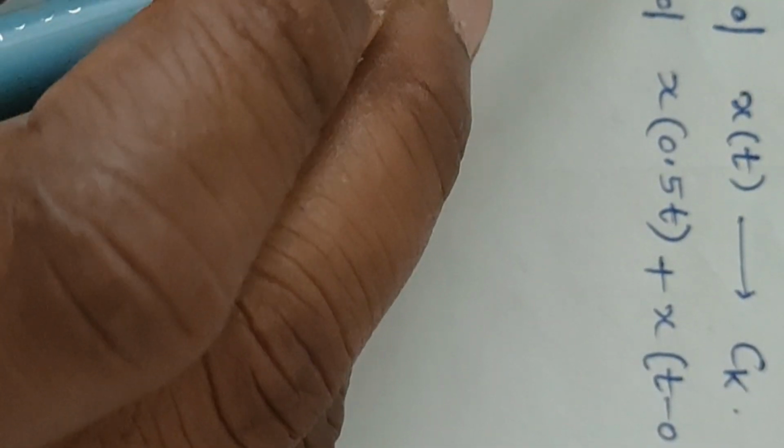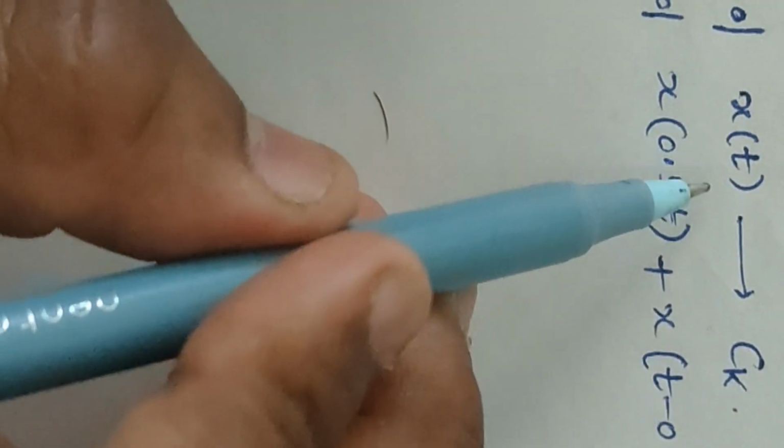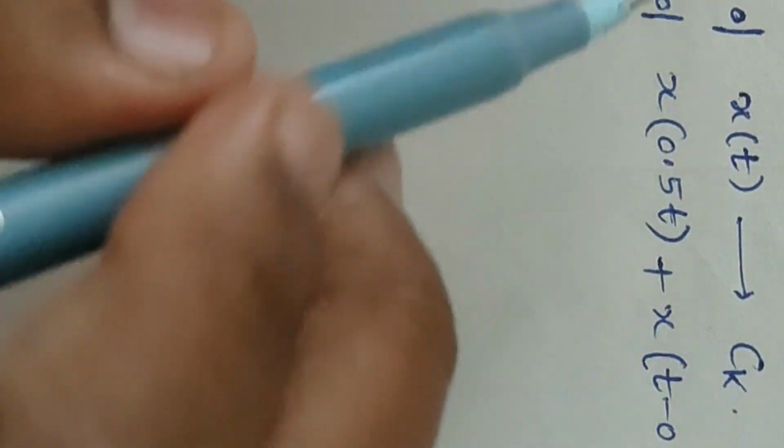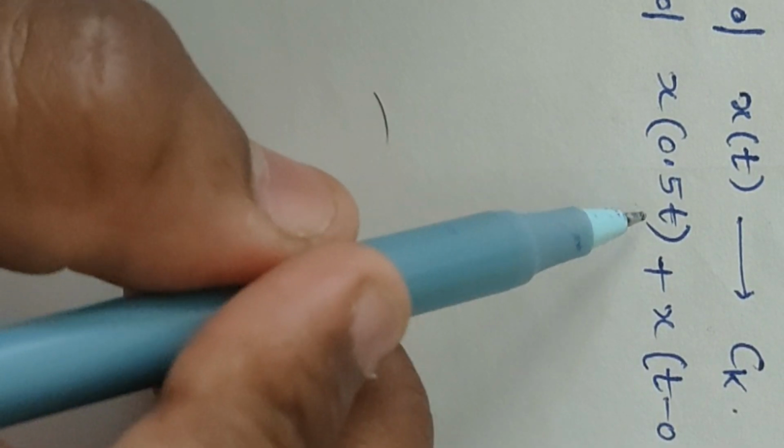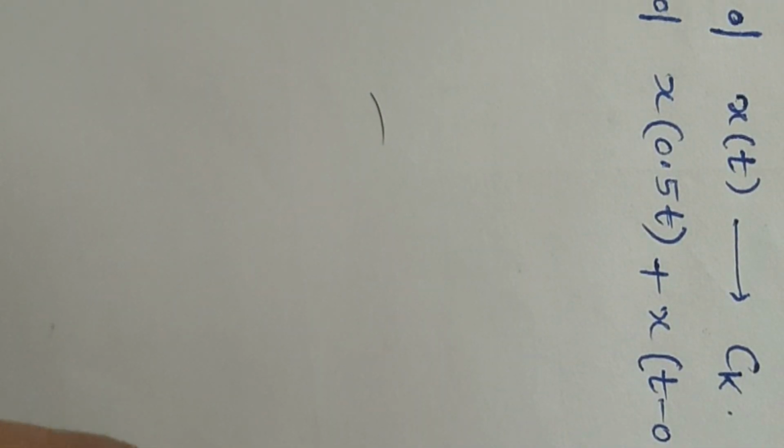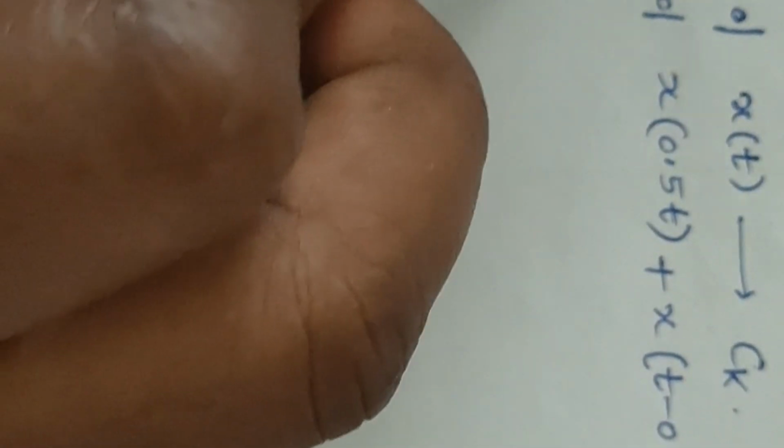In this question, Fourier series coefficient of x of t is ck. Find the Fourier series coefficient of x of 0.5t plus x of t minus 0.5 plus x conjugate of minus 2t. First we can talk about x of 0.5t.